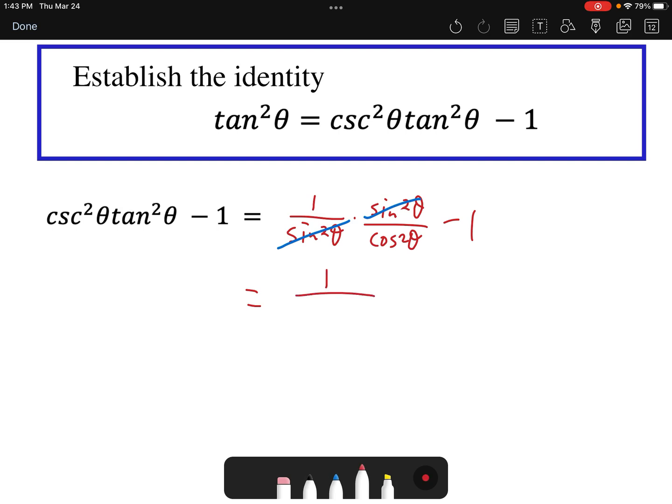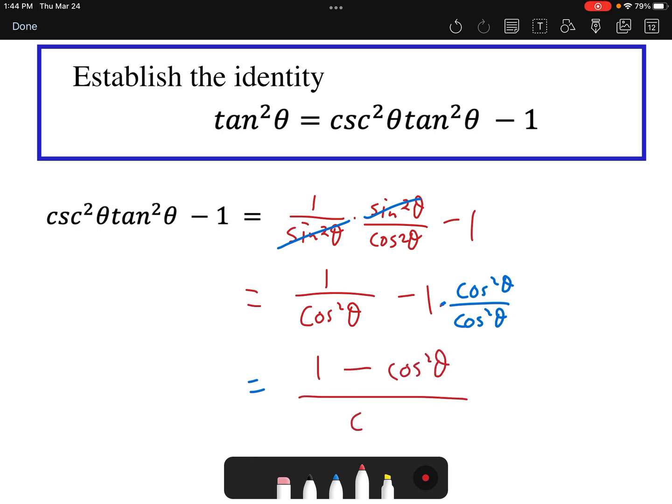So that's going to leave me with 1 over cosine squared theta minus 1. Well, let's see. We need a common denominator, which in this case would be cosine squared. And that would lead me to have 1 minus cosine squared theta all over cosine squared.